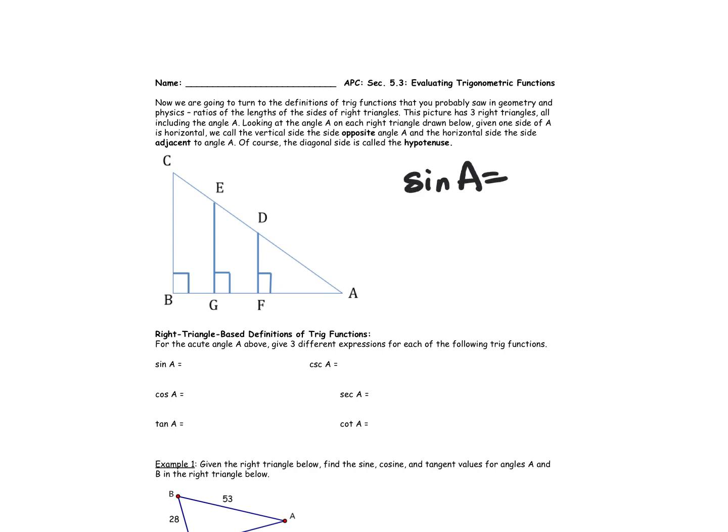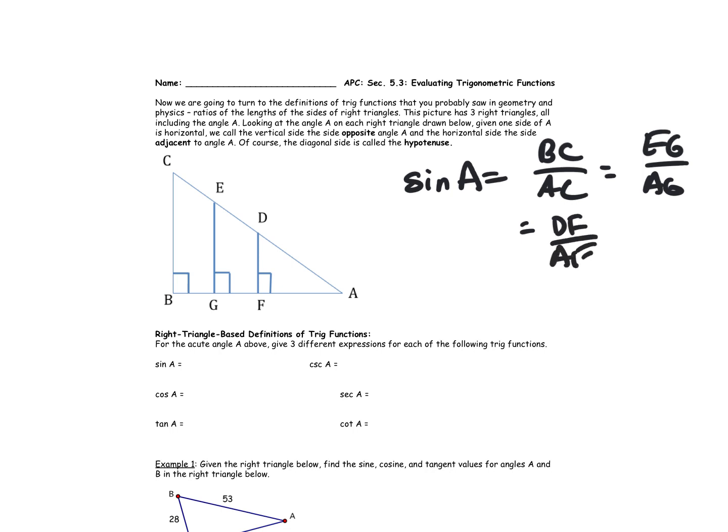The sine of angle A, we could say, is equal to BC over AC, but we also could say it's equal to EG over AG, but it's also equal to DF over AF.